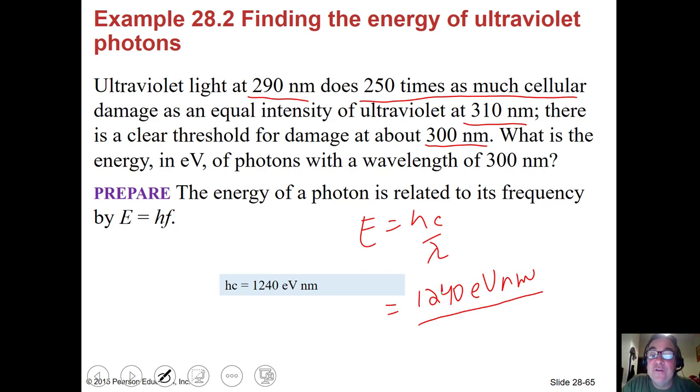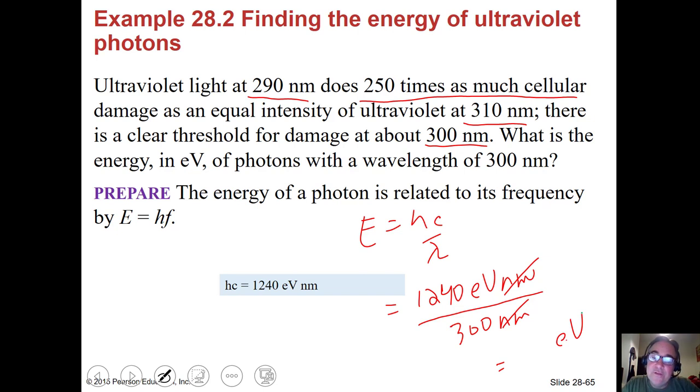I'm going to use the little shortcut. h times c gives you 1240 eV nanometers. This is useful when the wavelength is in nanometers and they want the answer in electron volts. And then the wavelength we're talking about is 300 nanometers. Okay, so the nanometers cancel out, and then you're just left with eV.